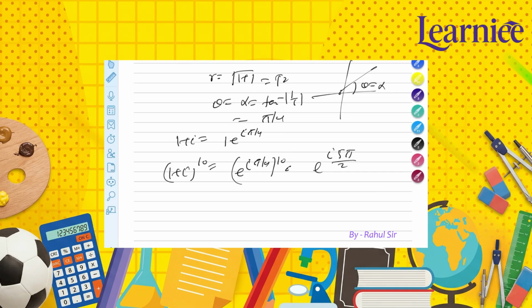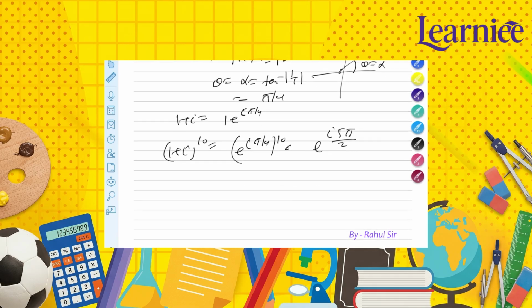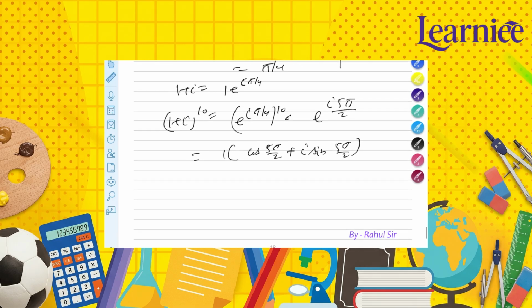But if I ask you to convert into standard form, it's easy. We have e to the power i 5 pi by 2, that means cos of 5 pi by 2 plus i times sine of 5 pi by 2.